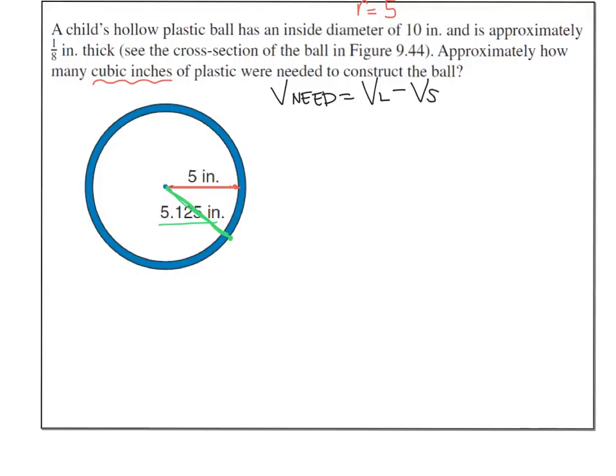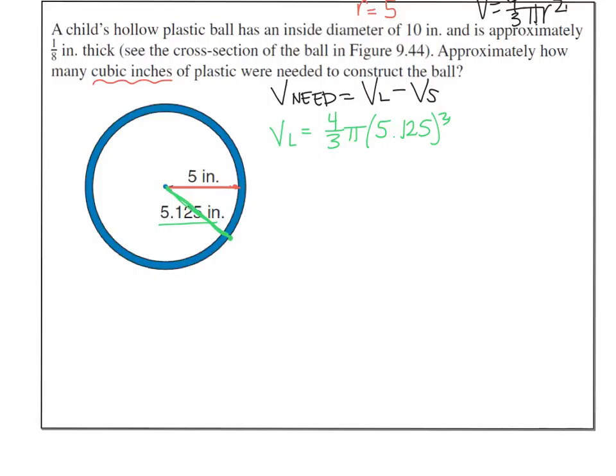So if I find the volume of my larger, remember the formula for any volume ever, I'll write that over here, volume is equal to 4/3 pi r squared. So I have 4/3 pi, radius again is 5.125 squared. When I plug that in, oh, it's not squared, it's cubed, excuse me.